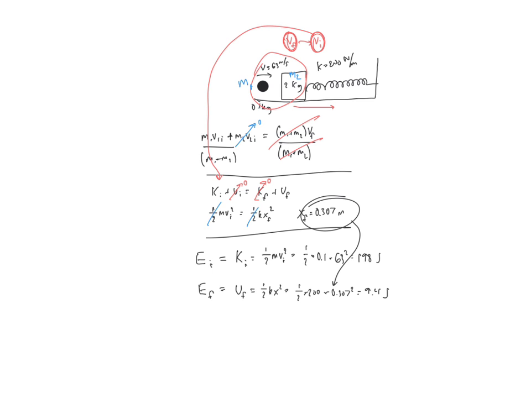In part G, you want to calculate the kinetic energy before, which is 198 joules, and then you want to calculate the kinetic energy immediately after the collision, which, if you go through the process, you should end up getting the same answer right here, because that is the elastic energy when it's fully compressed, but that should be the same as the kinetic energy right when the system starts moving, since energy was conserved, at least in that part of the system. So because the kinetic energy before the collision is not the same as the kinetic energy after the collision, we can say that it's an inelastic collision.